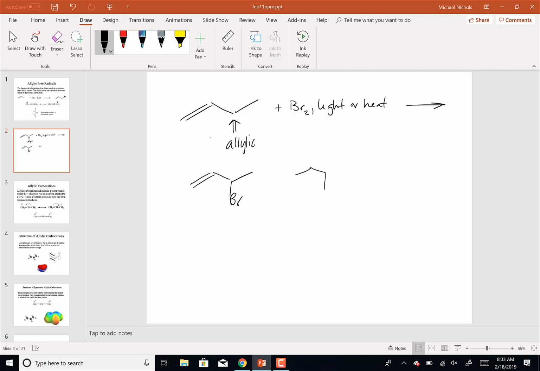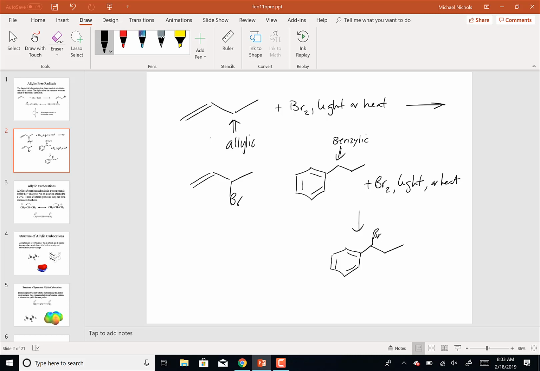And when you brominate an alkyl benzene, if you do the same thing there with bromine, light, or heat, you're going to brominate exclusively at the benzylic position, which is an analogous position to being allylic. So you're going to end up with the bromine in the benzylic position.